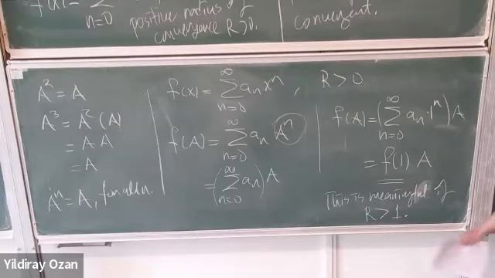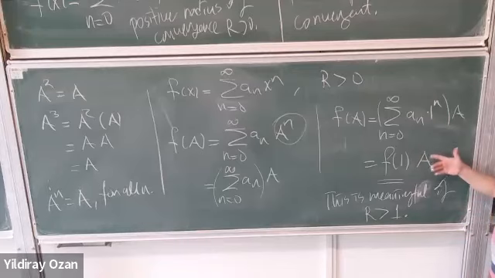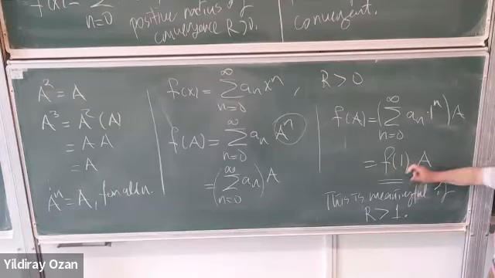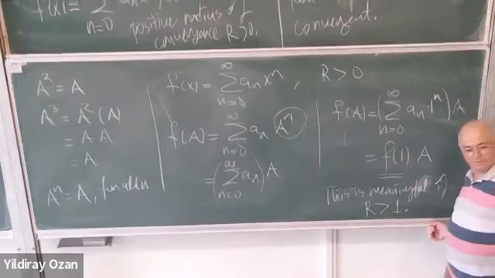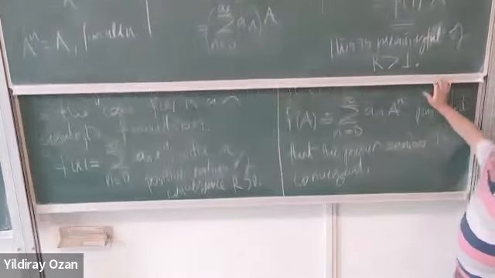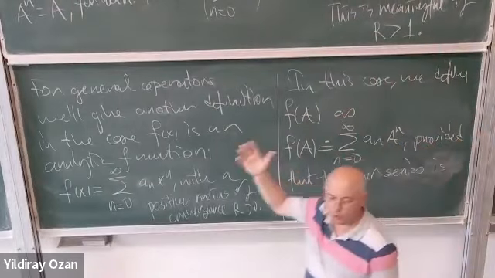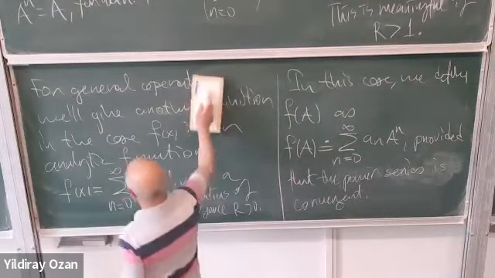Therefore, if our operator is a projection, then f of A is just f of 1 times A. Of course, our operator is a very special model, right?